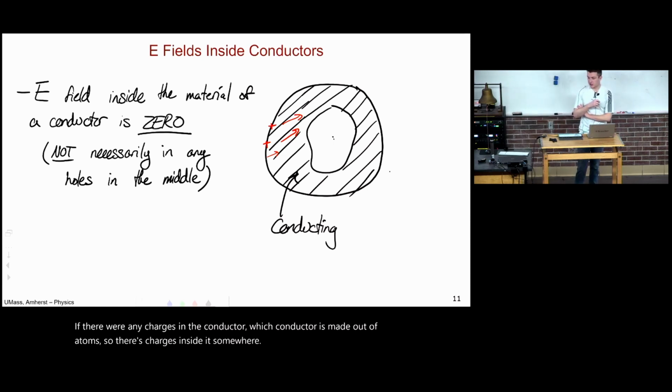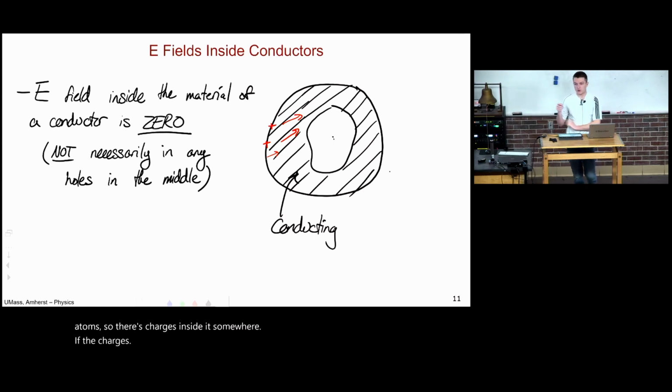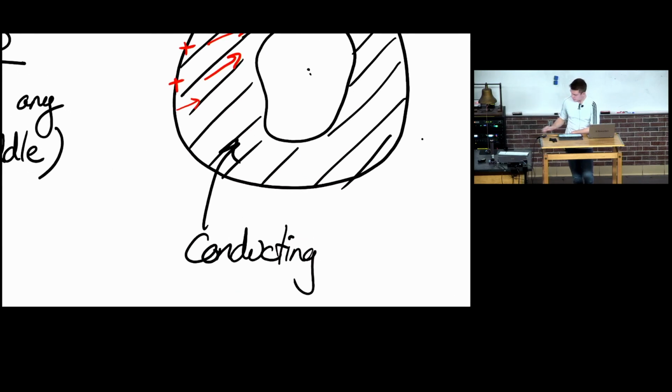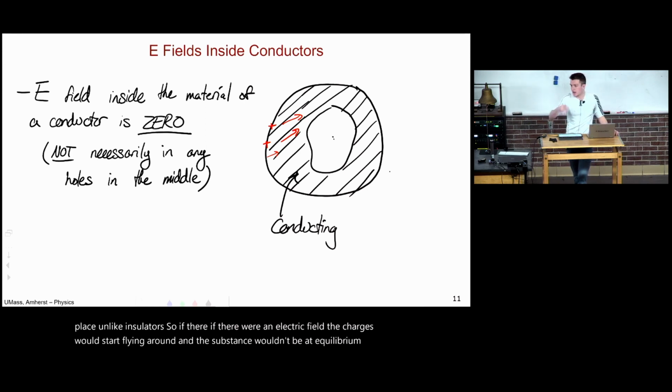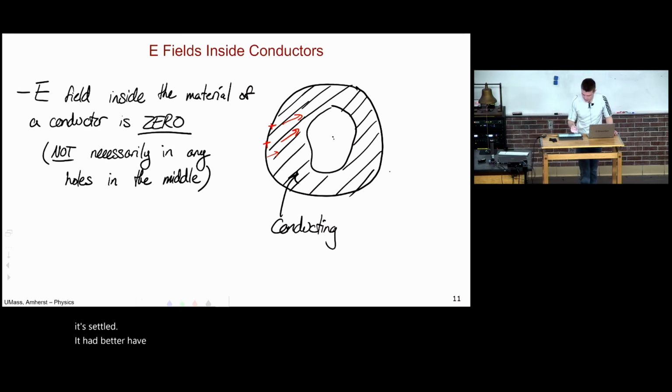If the charges were subject to an electric field, in a conductor there's no resistance to motion. There's nothing holding them in place, unlike insulators. So if there were an electric field, the charges would start flying around, and the substance wouldn't be at equilibrium anymore. So you'd need to wait for it to settle for a couple seconds. But when it settled, it had better have electric field 0.